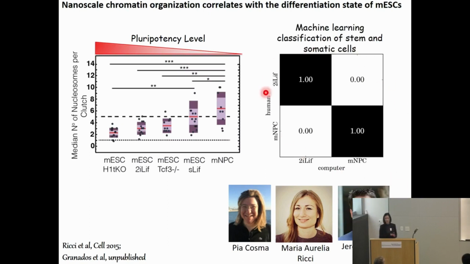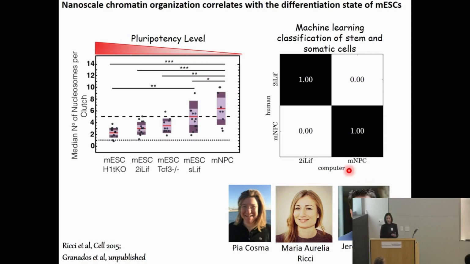So this is a confusion matrix where we've tried to classify ES cells grown in 2i/LIF versus neuronal progenitor cells, and the algorithm works really well in those two cell types. With 100% accuracy, just from the chromatin spatial organization, we can classify them into the correct category.